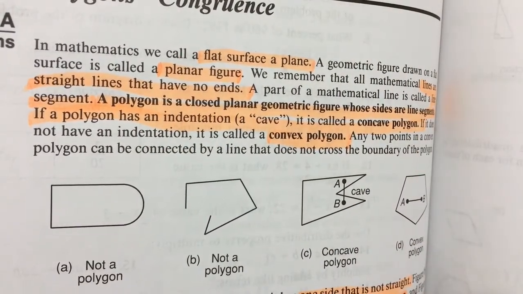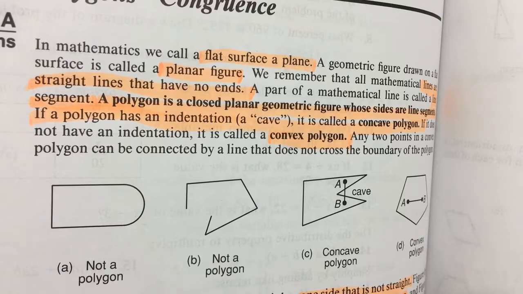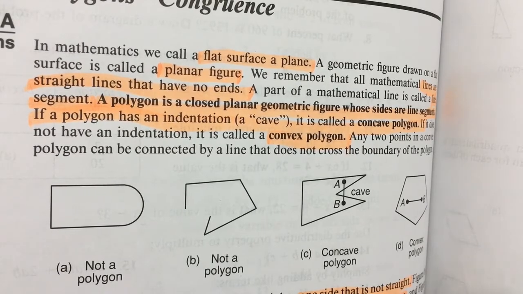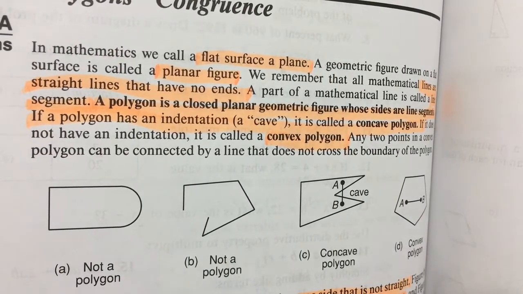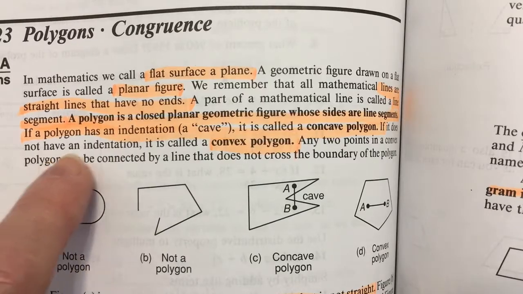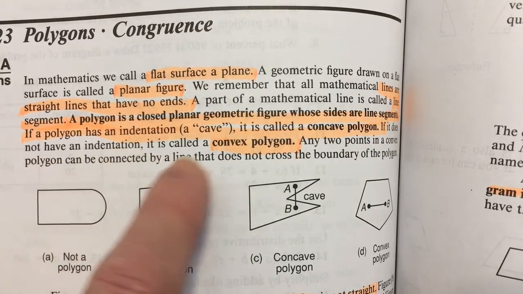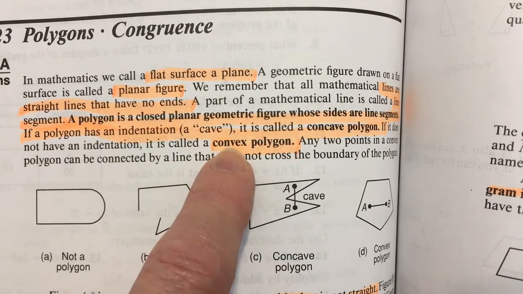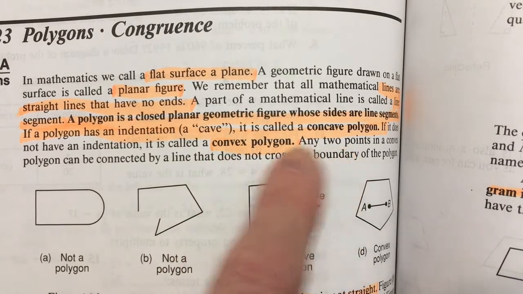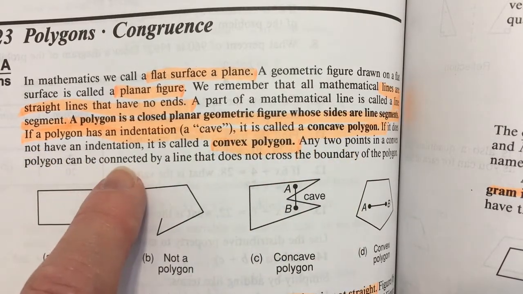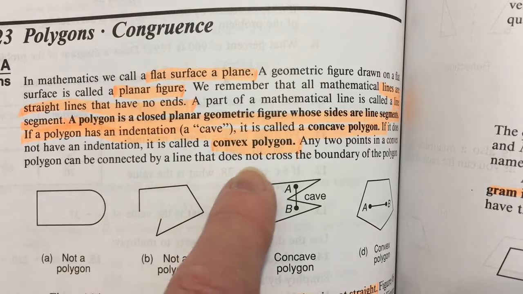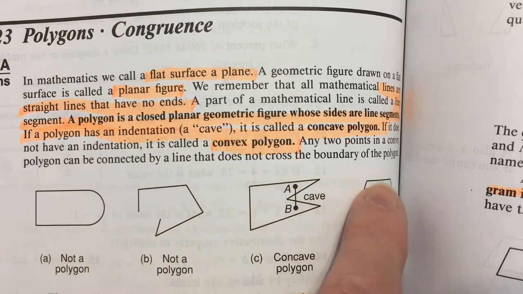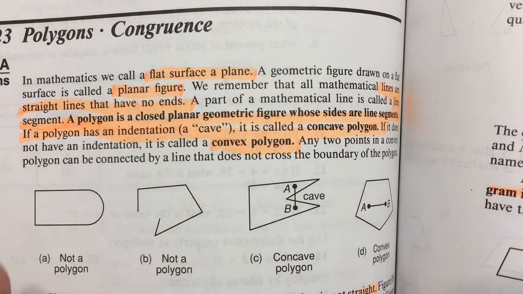If a polygon has an indentation or a cave, it is called a concave polygon. If it does not have an indentation, it is called a convex polygon. Any 2 points in a convex polygon can be connected by a line that does not cross the boundary line of the polygon. So let's look at these.